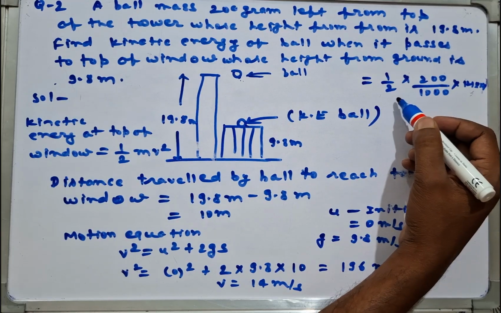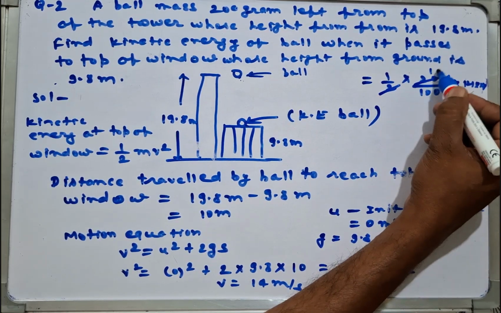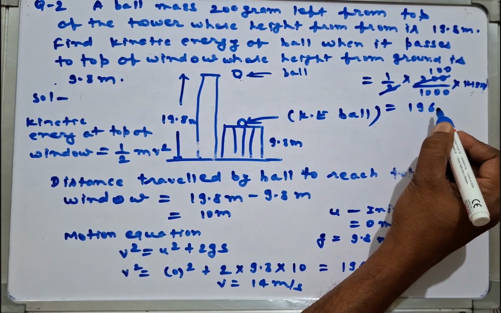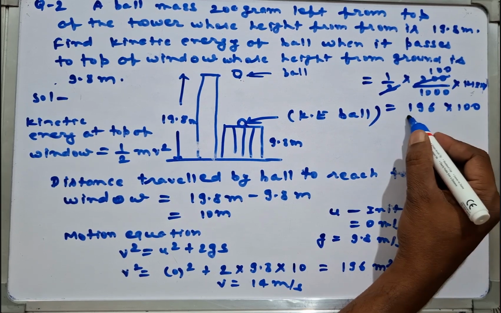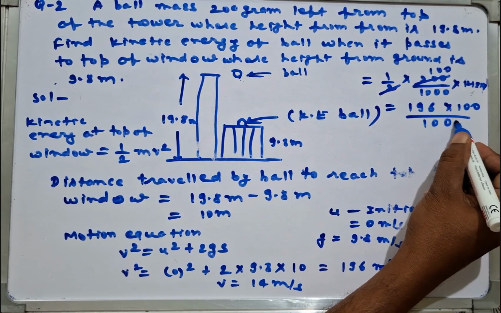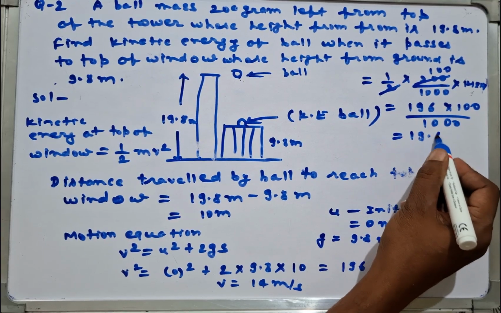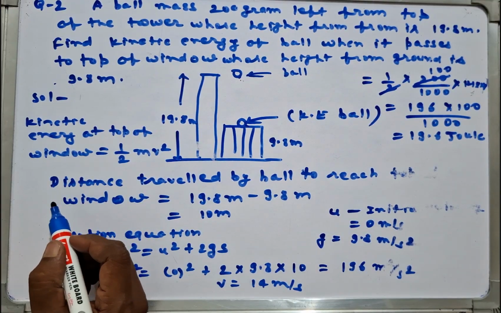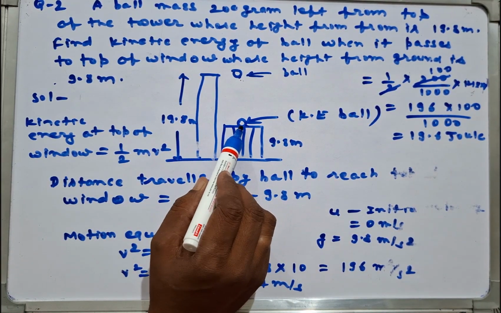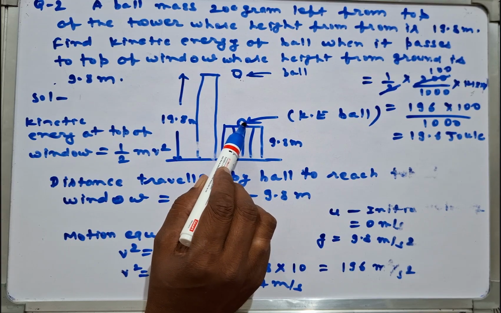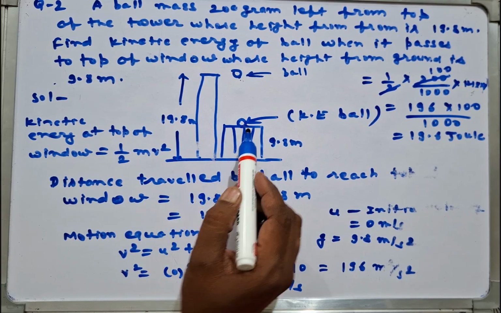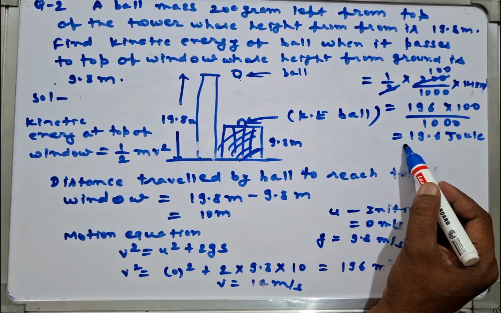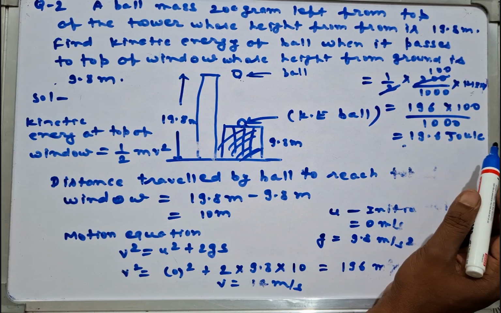Now see, these two cancel, 100, then you can write 196 into 100 divided by 1000. So this is 19.6 joule. So when the object is just crossing the top of the window, its kinetic energy equals 19.6 joule.